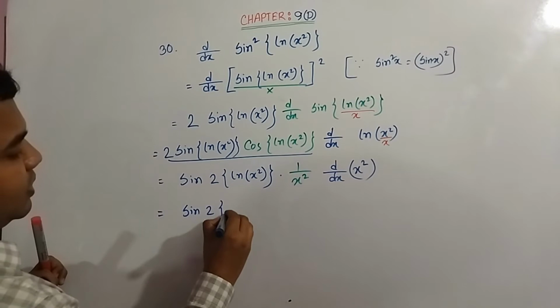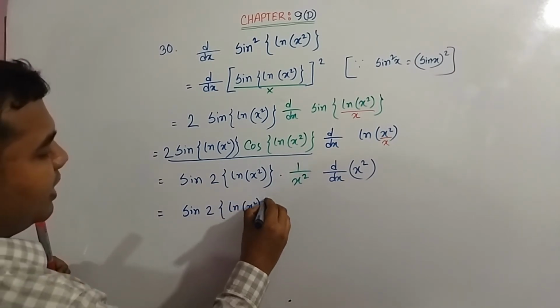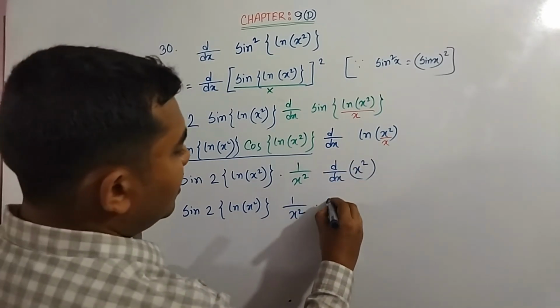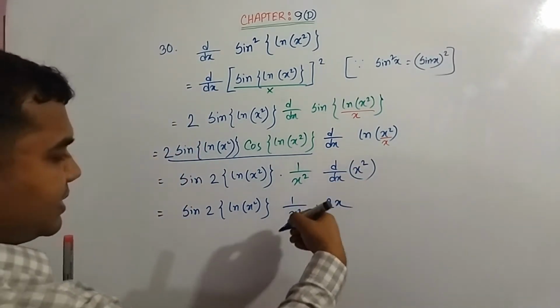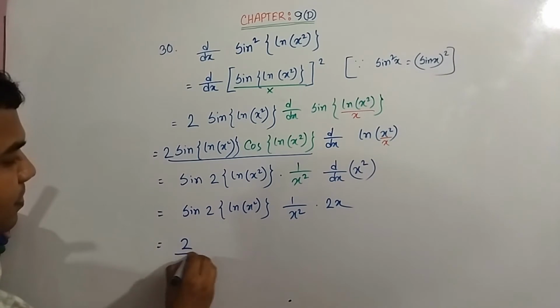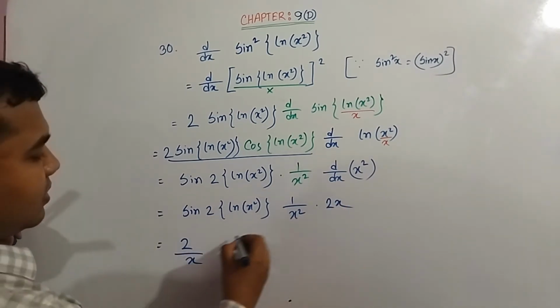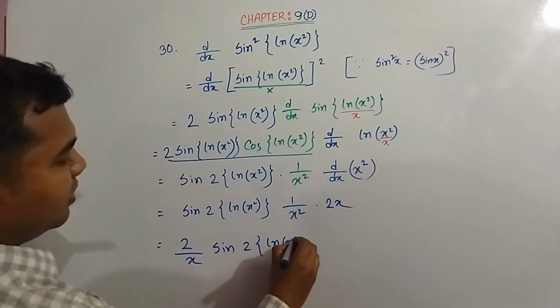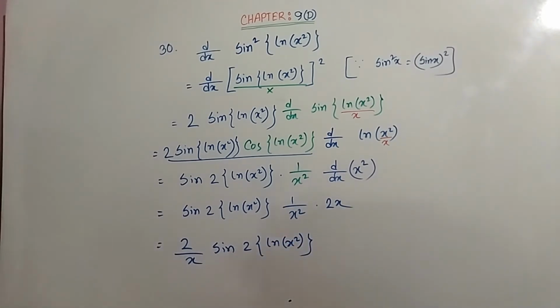Now what will we get finally? Sine 2 theta, that is sine 2 ln x square, times 1 by x square, times 2x. x is gone, then 2 by x sine 2 into ln x square. That's the answer of this math.